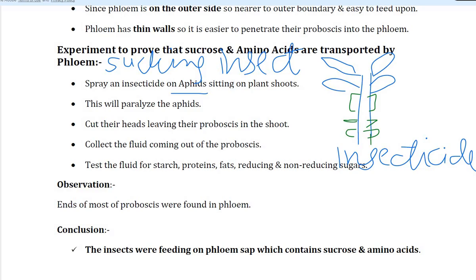Like we have Mortein at home. Mortein is also an insecticide that is used to kill mosquitoes, cockroaches, etc. So we can spray any insecticide on the plant, and on the plant what happens is that this insecticide will paralyze all the aphids.